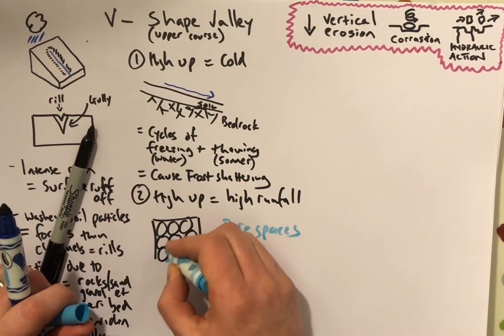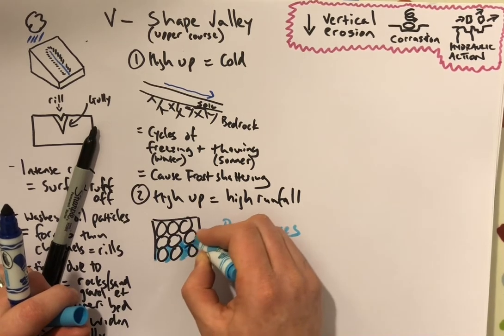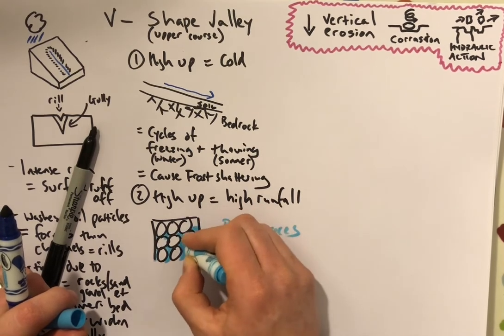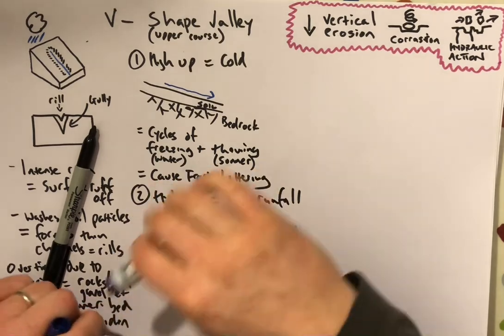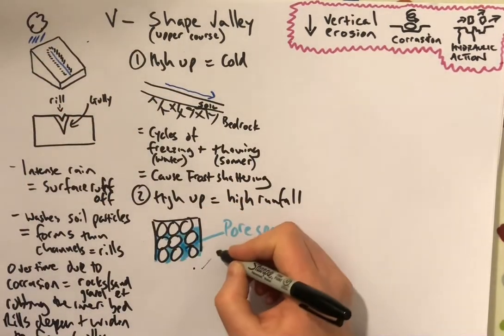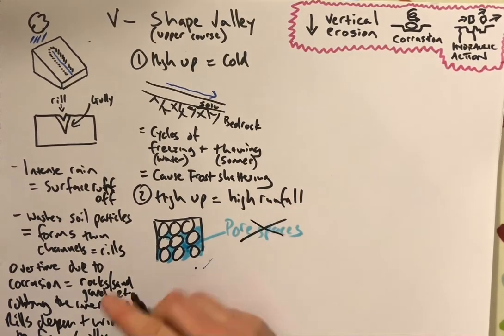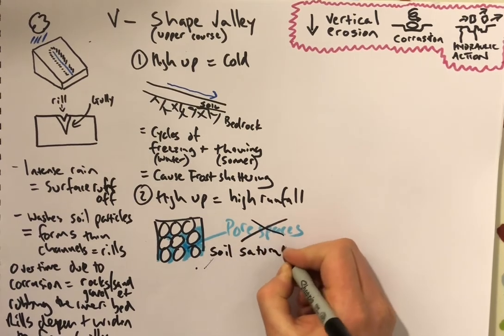So over time, the soil will saturate like that. So top bit is relatively dry. The rest of it is full of water. This pore space has been filled up with water now. What we've got is soil that's now saturated.